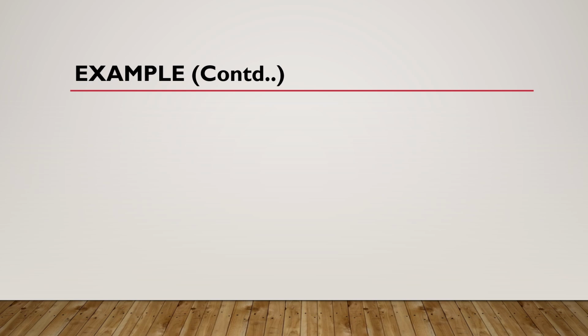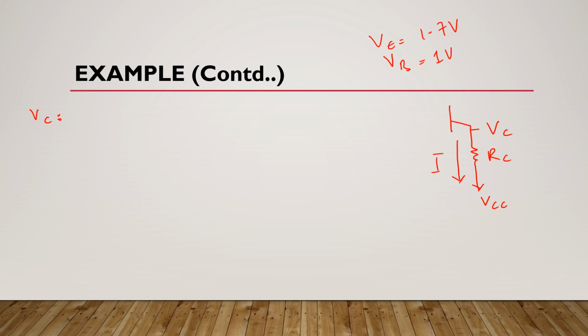Now in this example we know that VE is 1.7 volts and VB is 1 volt. It means only VC is unknown. For this we will look at collector terminal, where we know that this is VCC and at this point we have VC and here we have RC, and this is the direction of IC.